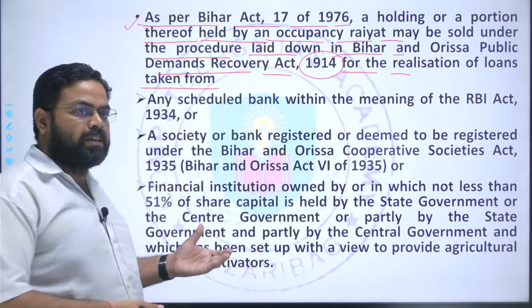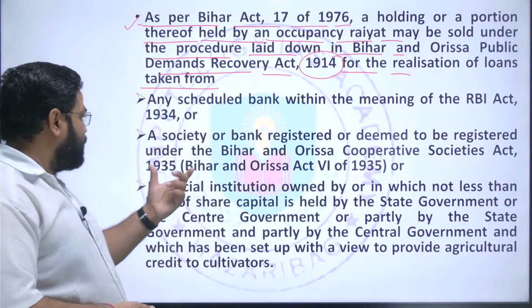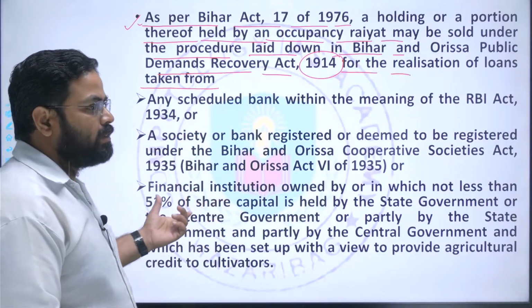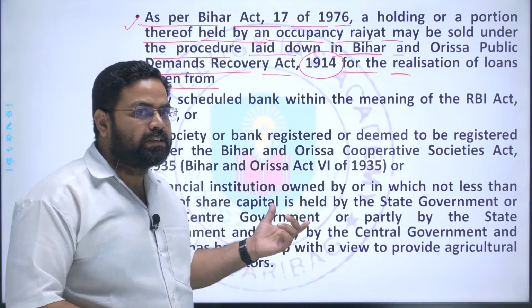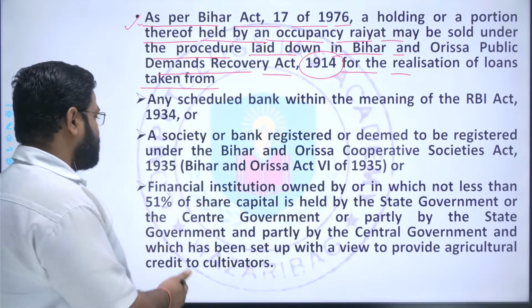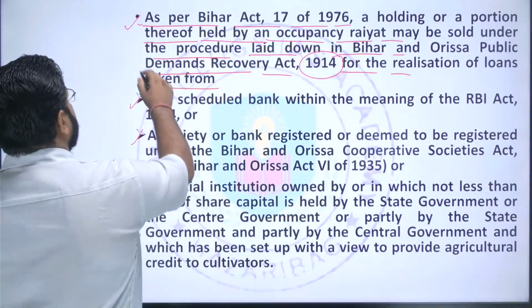So again the case is the same: the scheduled commercial bank, the societies, the banks registered under the Societies Registration Act, thereafter those institutions which are owned by the government.